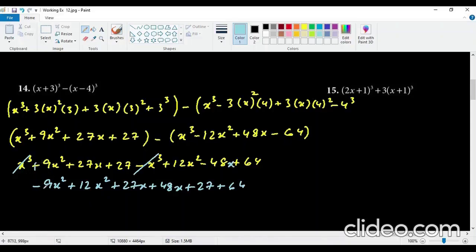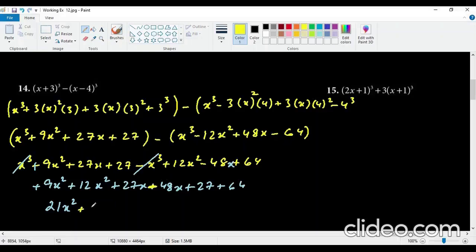This is a 9. This is a plus. So 12 plus 9 is going to give us a 21x square. And in here, this is a minus 48, not a plus 48.